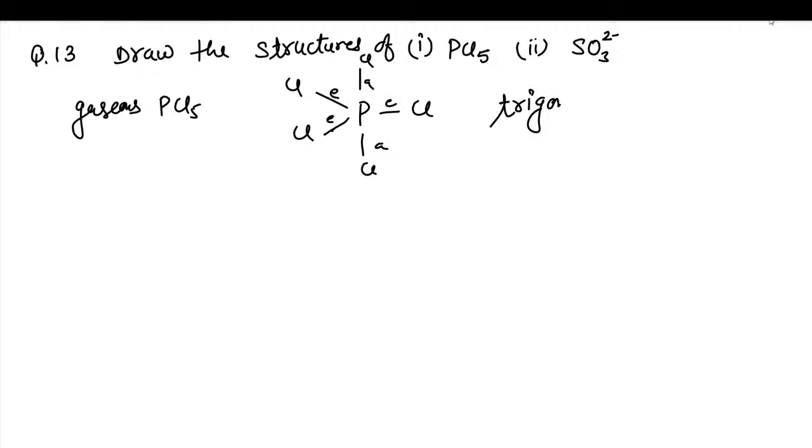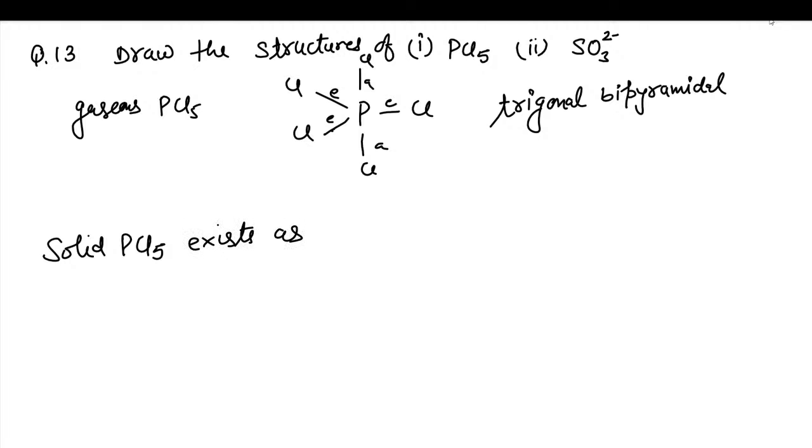But solid PCl5, yes, we have discussed it, exists as PCl4 positive and PCl6 negative, beta, in which PCl4 is tetrahedral.